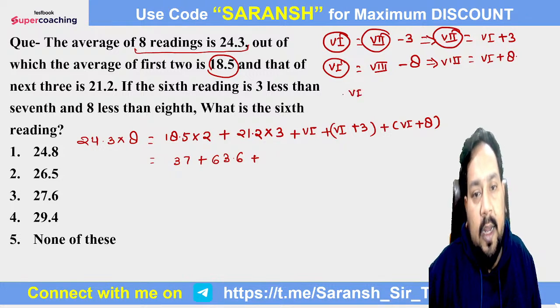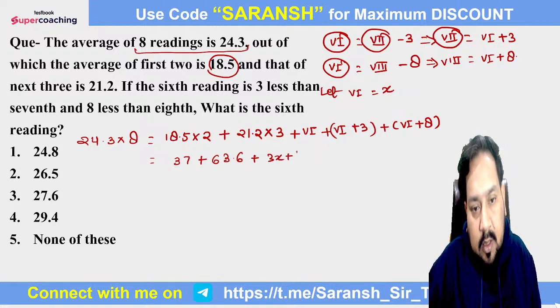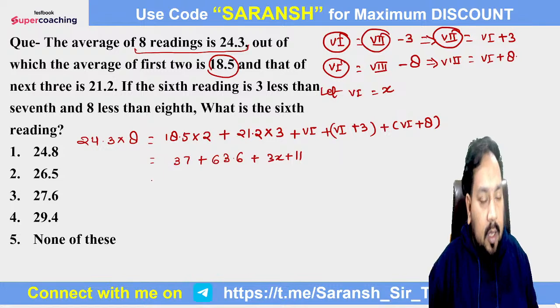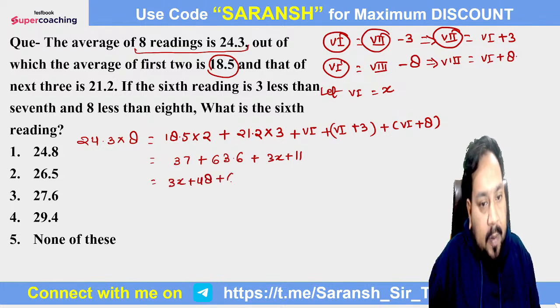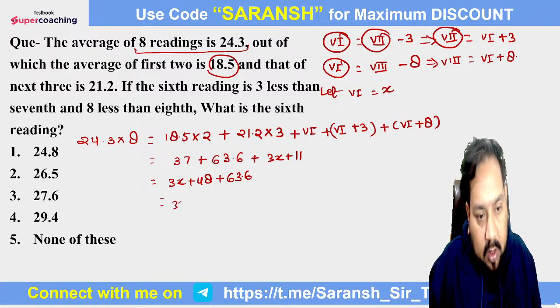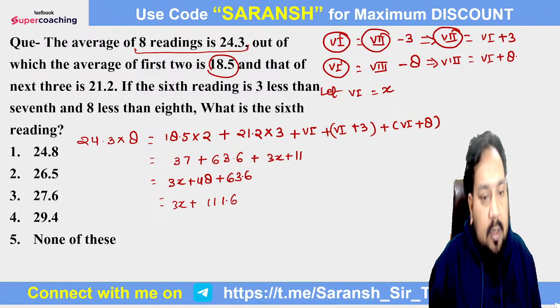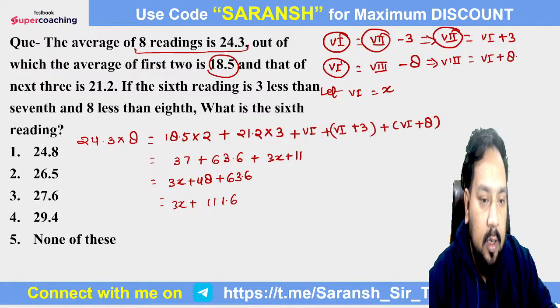Let the sixth digit be x. Then it will be 3x plus 11. Then 3x plus 48 plus 63.6, then it will be 3x plus 111.6.